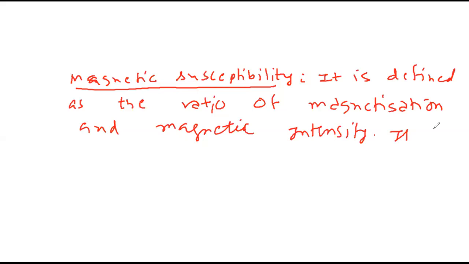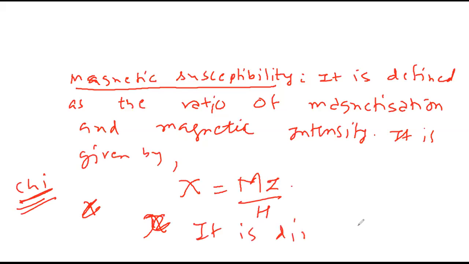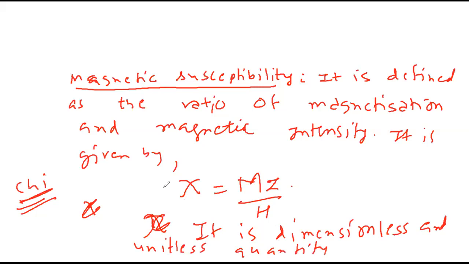It is given by the Greek letter chi, which is not like lambda, it has a slight line in the middle, like this and this. So it is denoted by chi equals Mz upon H. It is dimensionless and unitless quantity.